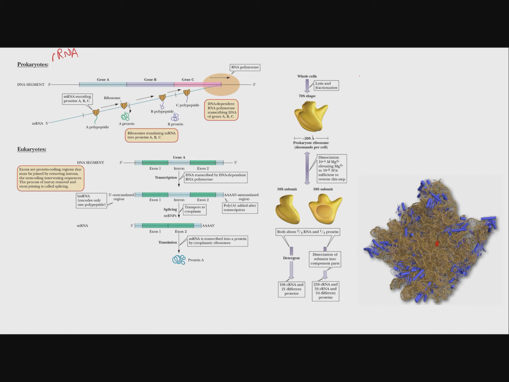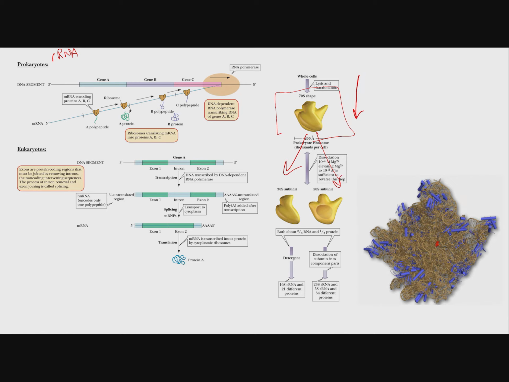In both prokaryotes and eukaryotes, ribosomes often have two subunits, one larger than the other, and I'm showing you that here. So in our whole cells, we've got these big ribosomes, but they are often made up of multiple subunits. We find these out by doing some kind of centrifugation. What kind of centrifugation is it? It's the ultracentrifugation. And the labels there, 30S and 50S, obviously those don't add up to 70S.